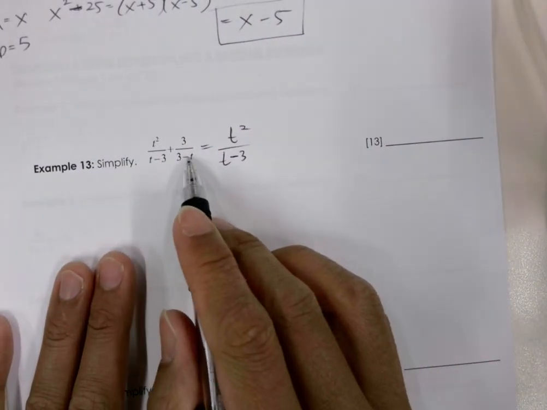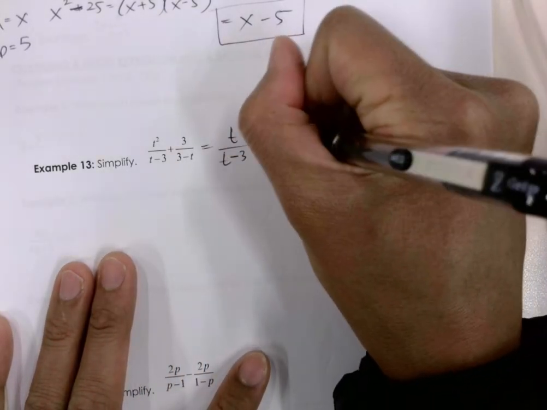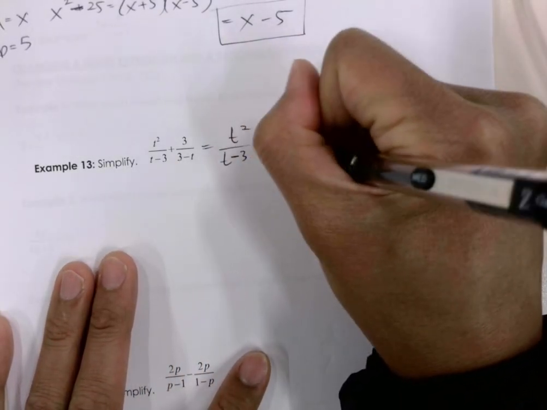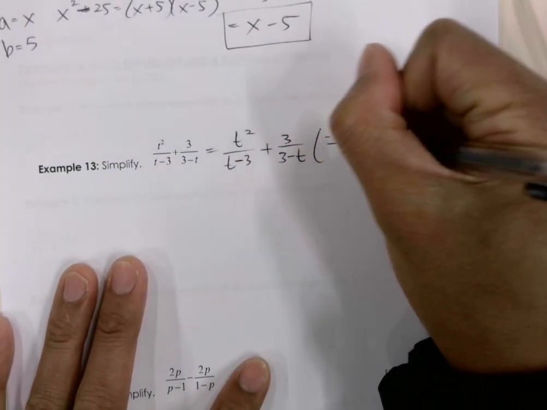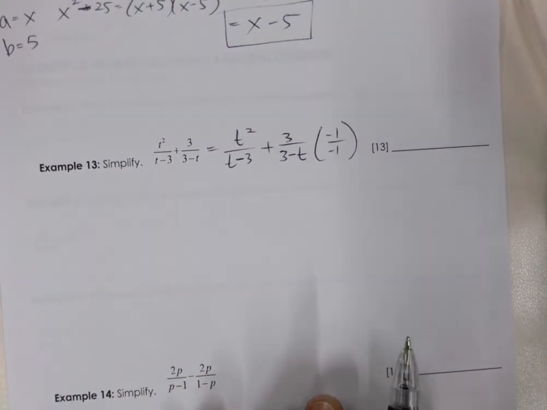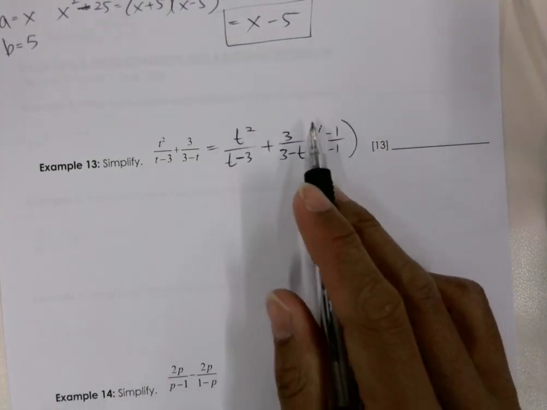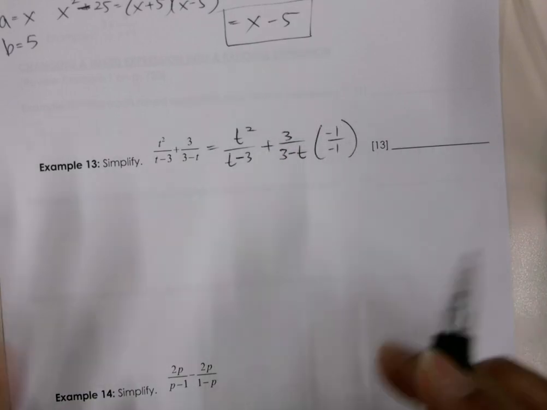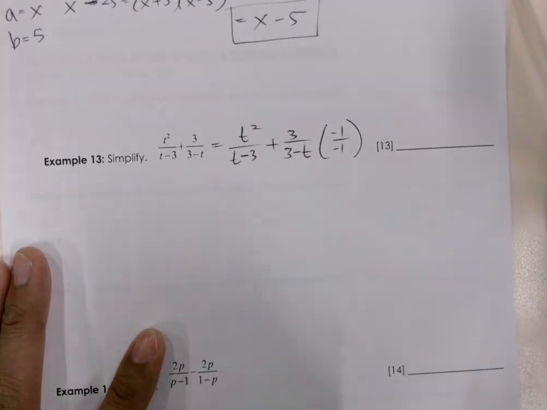We want the denominator to flip the signs of each term. So how can we do that? We can multiply by -1 over -1. And what is -1 over -1? That's 1. So we're multiplying this term by 1. That's fine. That's legal. You can multiply any term by 1, and it's just the same term.